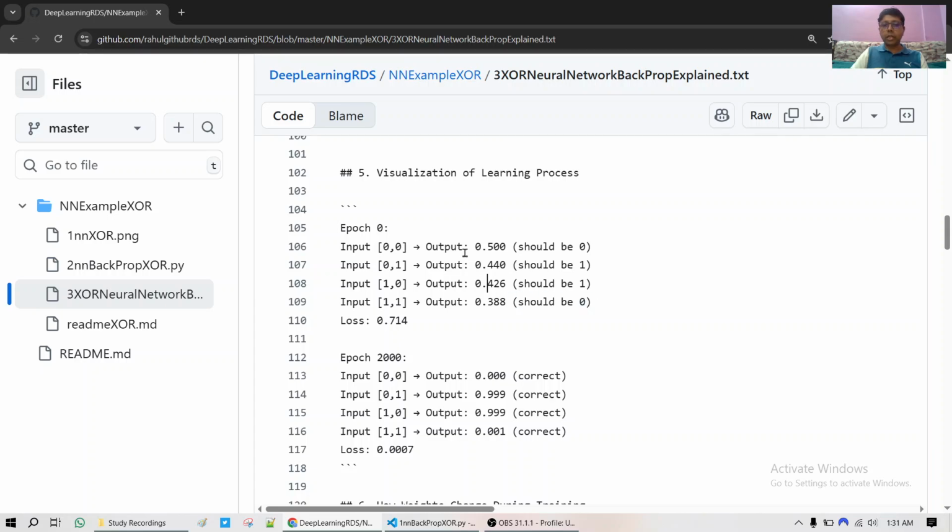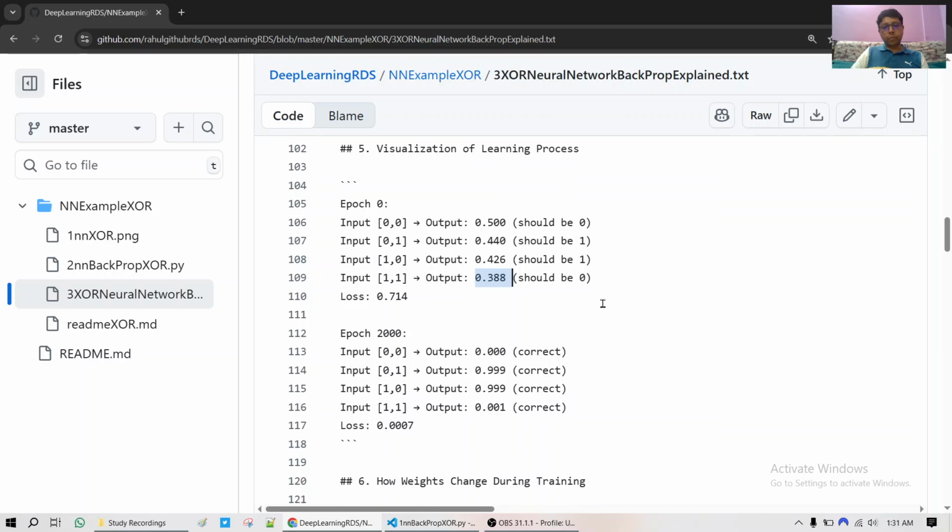But what we are getting are these probability figures, the outputs of the learning, right? So we are getting 0.44 instead of 1. We are getting output 0.42 instead of 1. We are getting output 0.388 instead of 0.